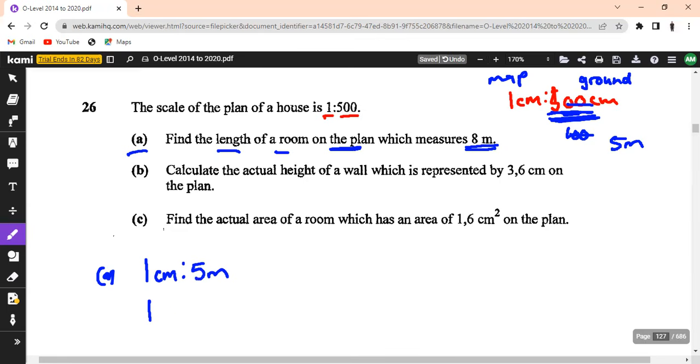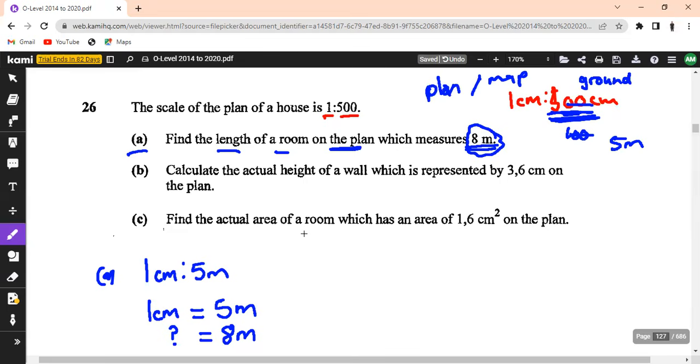So it means whenever we see a centimeter on the map, we are actually seeing what? 5 meters. So these two are equal. And what about 8 meters now? This is what you're asking yourself. What about 8 meters on the ground? What am I going to have on the plan? The plan here is your map. All right, so that's what you're going to have in this case.